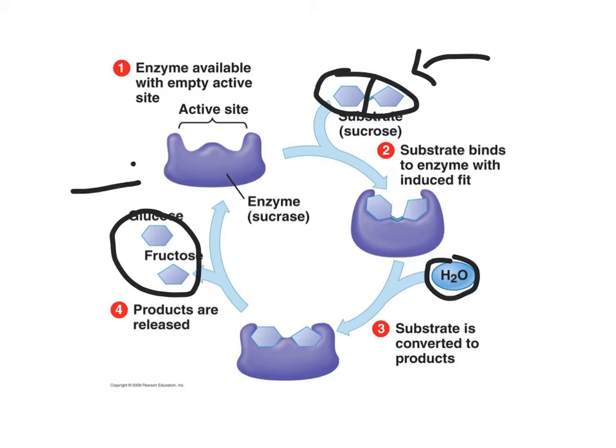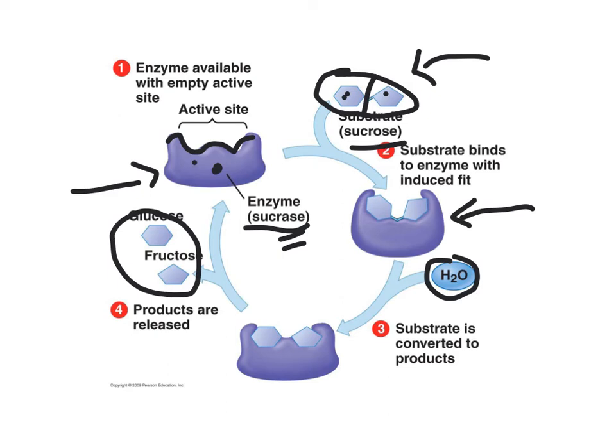So here's my enzyme. This enzyme is called sucrase, ASE, so we know it's an enzyme. And it's called that because it breaks down sucrose. That's why it's named that way. And the way this is going to work is my enzyme right here binds to my substrate. And where it binds, that portion of the enzyme, is called the active site. So you can see my enzyme is binding to the substrate. And then right here, you can see the substrate is bound in at the active site.